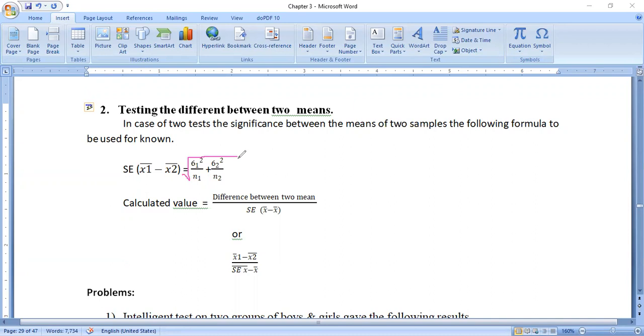Once again, I am repeating: standard error of x bar 1 minus x bar 2 is equal to the square root of standard deviation 1 squared by n1 plus standard deviation 2 squared by n2.